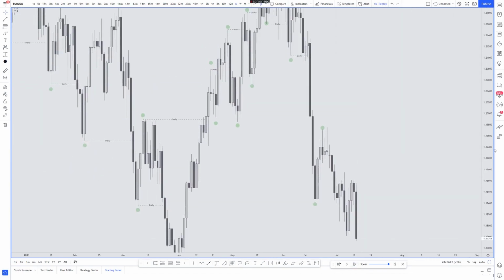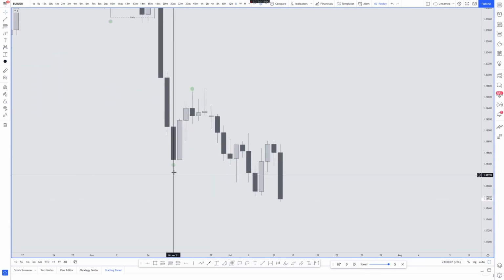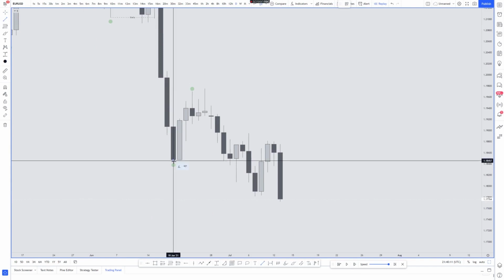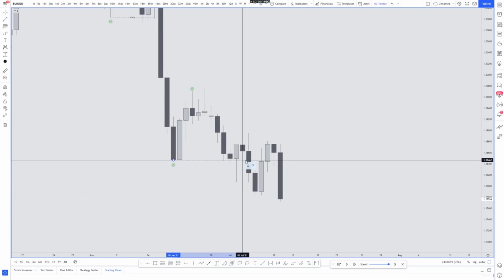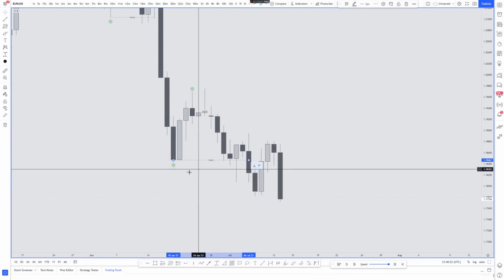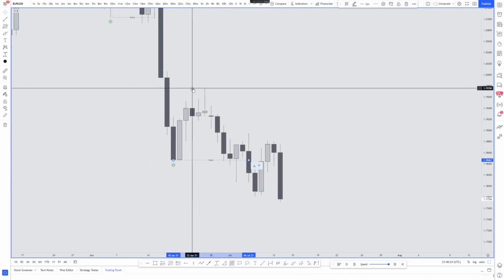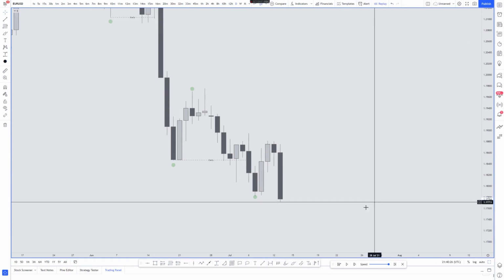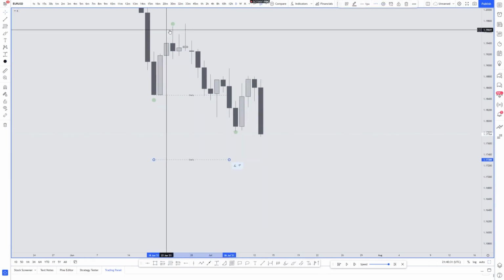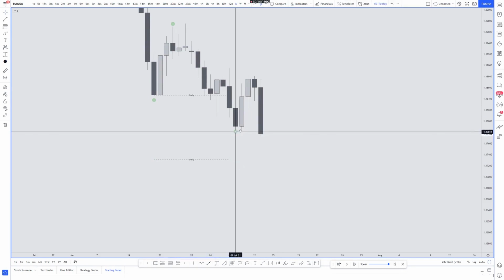So we're going to zoom in a bit here. And ultimately, once again, we have new structure. So we have a new low, and here we have our pullback as we make new structure.